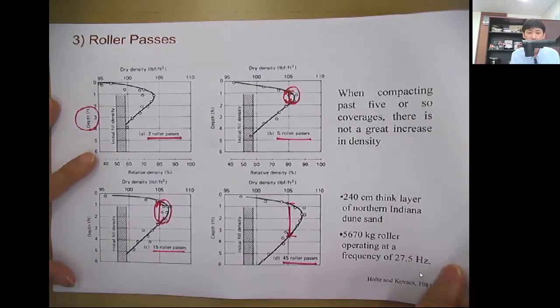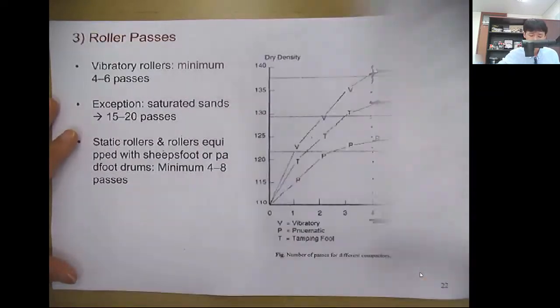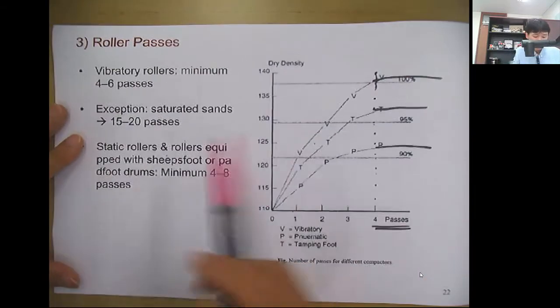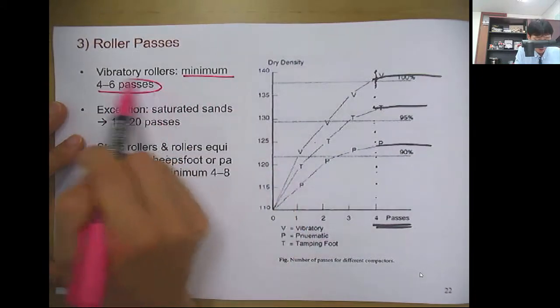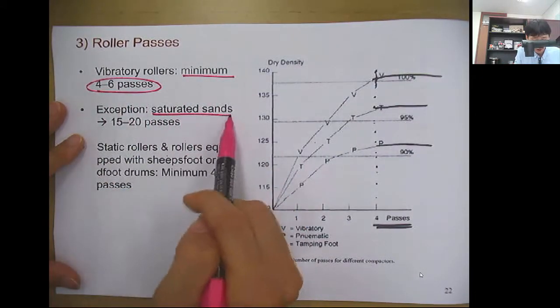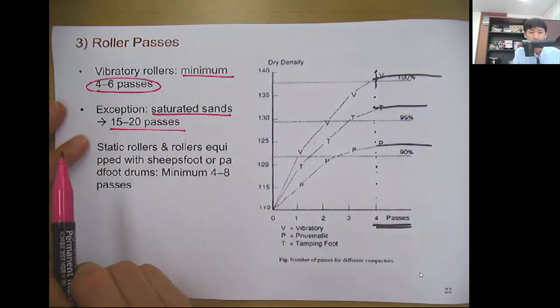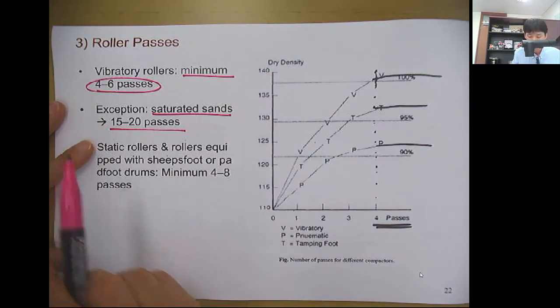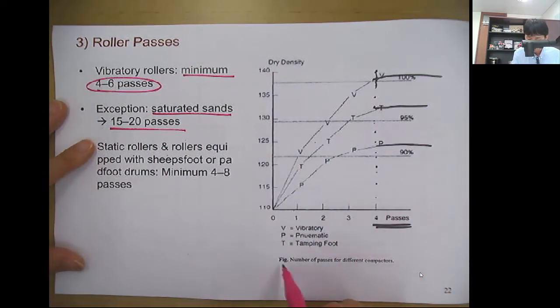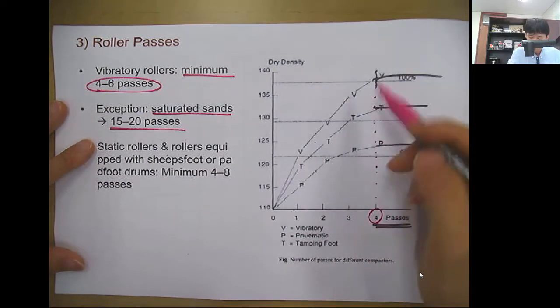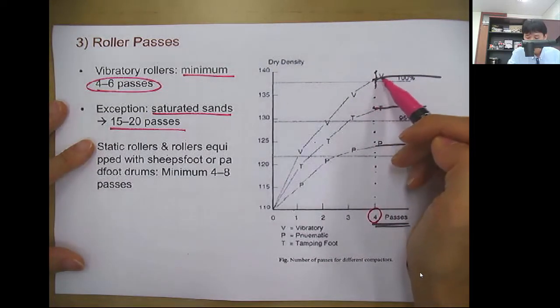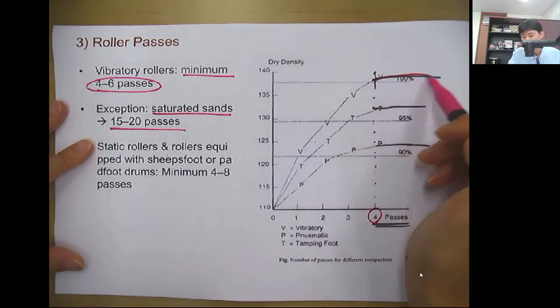So typically people use 4 to 6 passes for the design. For vibratory rollers, minimum 4 to 6 passes, but if it's a saturated sand, then it's recommended to use more than 15 passes. And if you look at this graph, after 4 passes the dry density increases, but it approaches an asymptotic value.